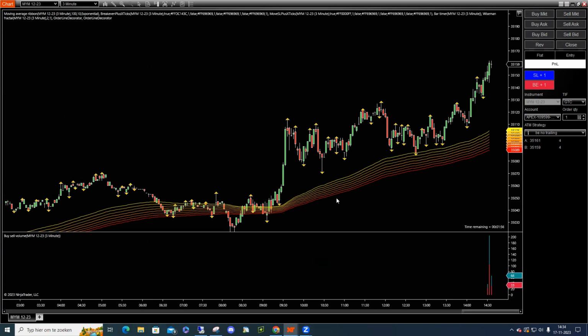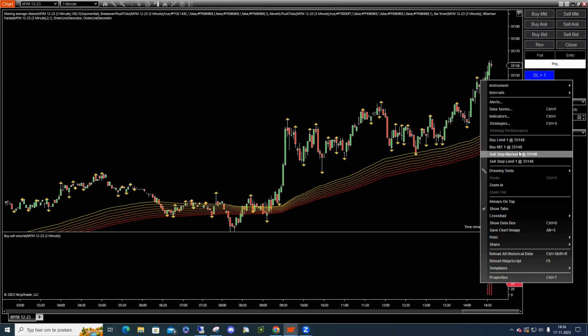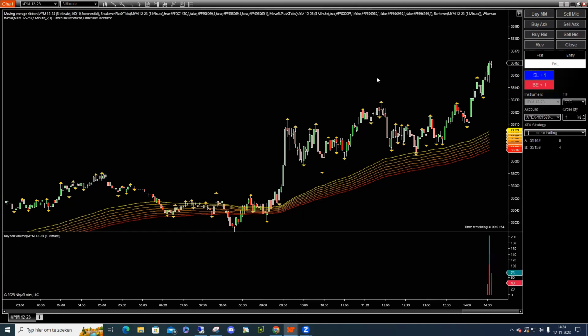I already defined, I'm looking for buy. So basically then what I can do, I wait for a fractal, the yellow triangle. And above the last fractal, I can just right click and place a buy stop on the fractal. So if price breaks a new high, it will put me automatically in the trade.